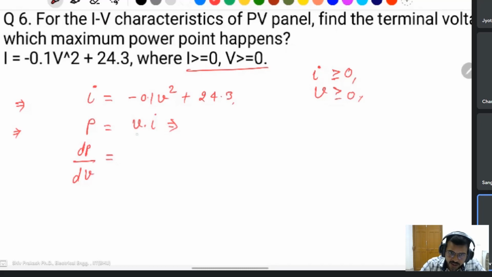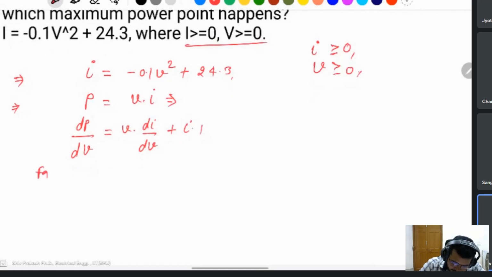That's why this is a multiplication of two variables. Voltage first into the second differentiation, it will be dI by dV, plus second into first differentiation, which is 1.